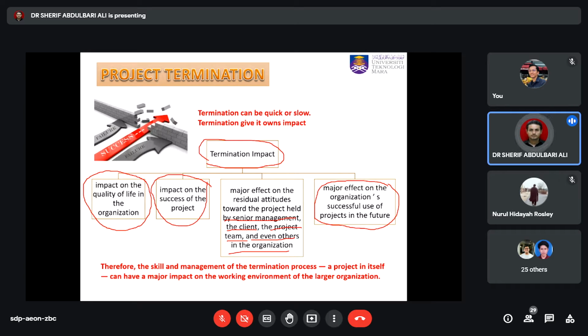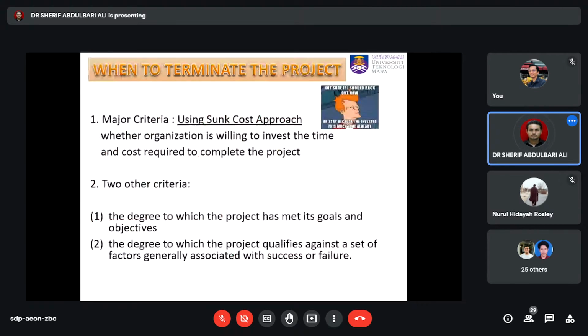But sometimes it's actually necessary to terminate a project. So what are the major criteria if you want to terminate a project? The major criterion is whether the organization is willing to invest the time and cost required to complete the project. If an organization suddenly wants to terminate a project, they are going to look at two criteria.